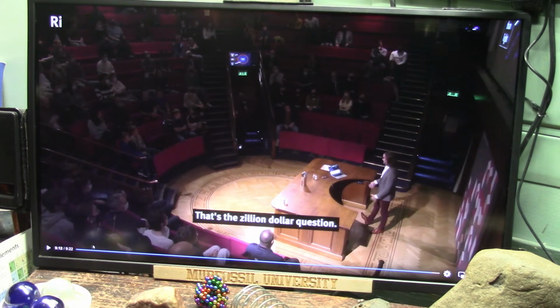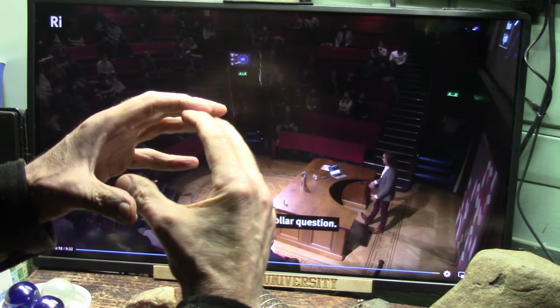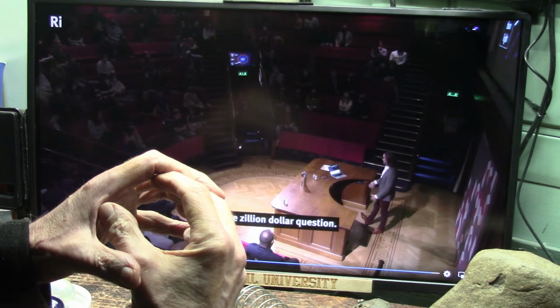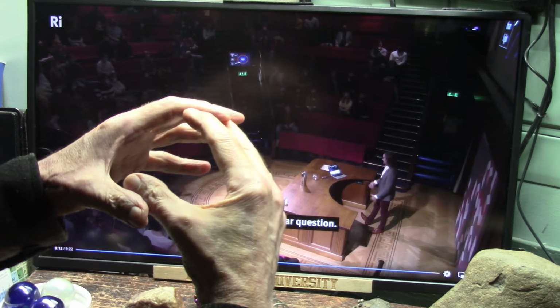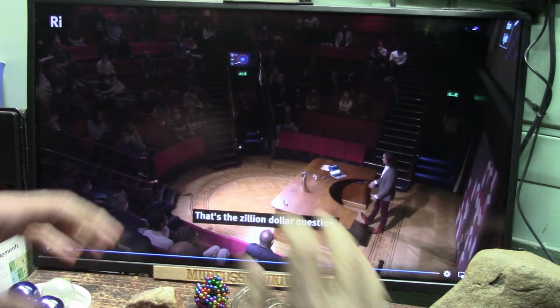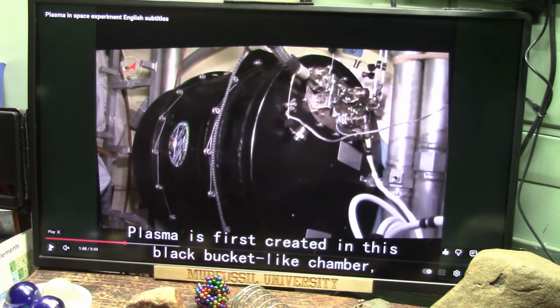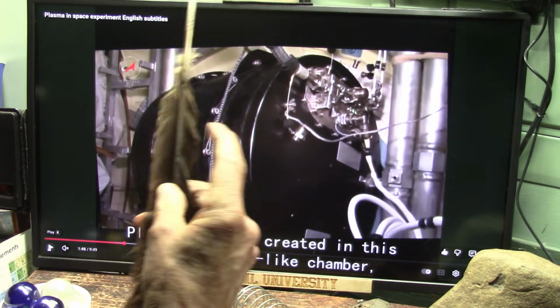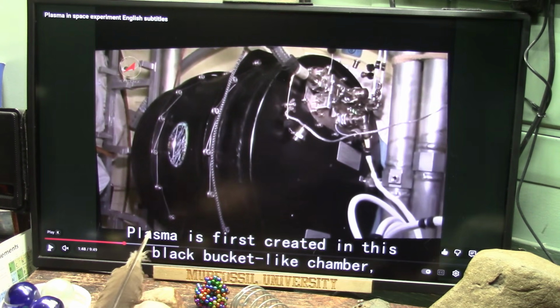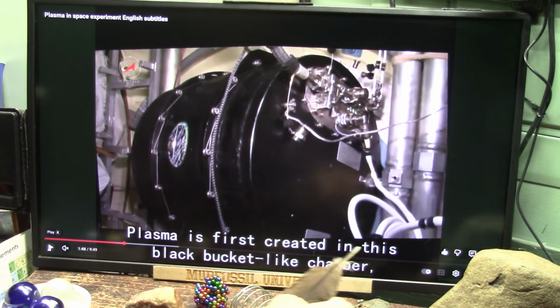What's going on inside of the black hole is that the black particles are collected and pushed to the center, as I showed you. All right, so here they are in space, and their plasma is first created in this black bucket-like chamber.